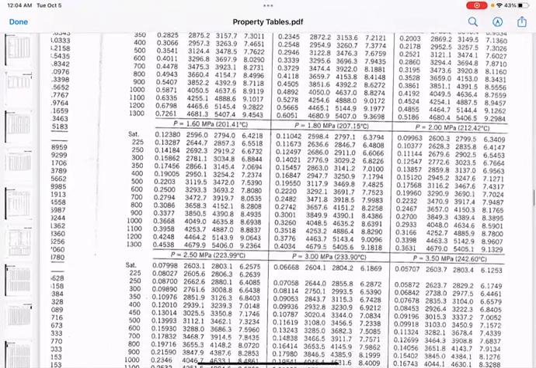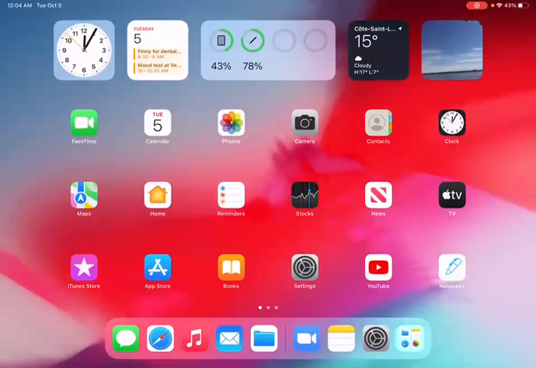So we go through the column and we see we don't have 0.14, but we do have 0.13857, and we do have 0.15120 at temperatures of 350 and 400 respectively. So we have to interpolate between them to find the actual temperature that we want. So 0.13857 and 0.15120.